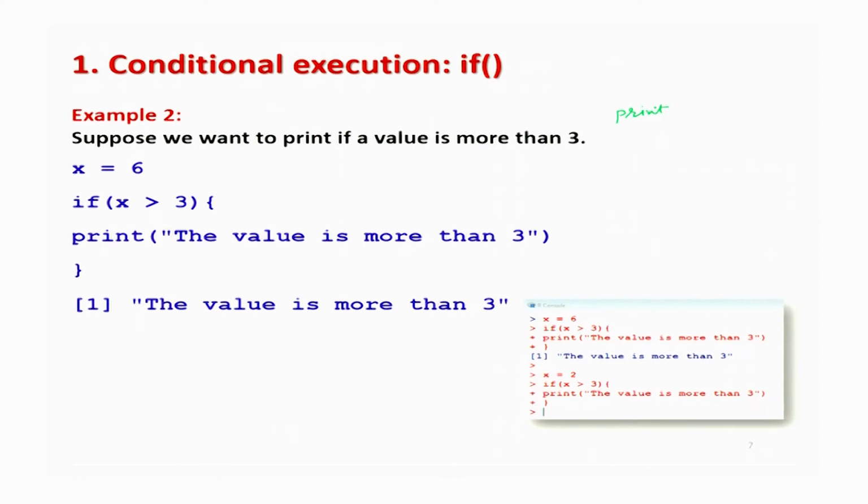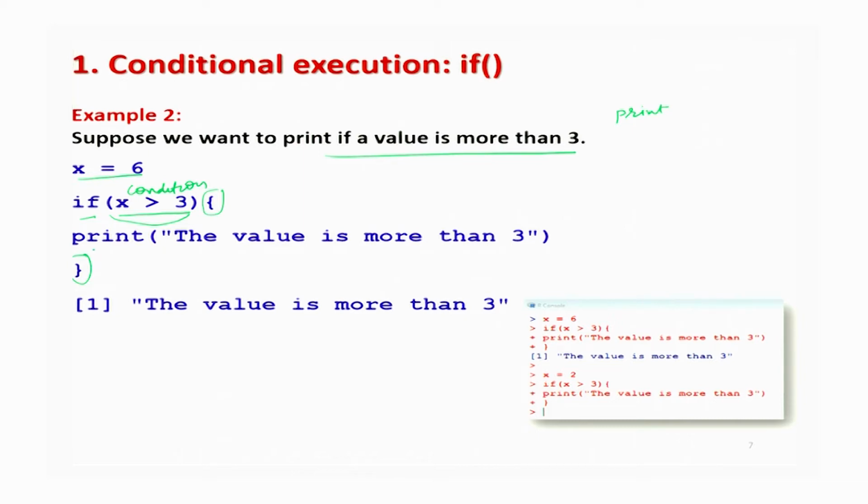Now I want to print a value in case the value is more than 3. Suppose I give the value x equal to 6, and then I write this requirement in the form of R syntax. The condition here is x greater than 3, so it is if, inside the parenthesis, x greater than 3, and now in this curly bracket I write the action.